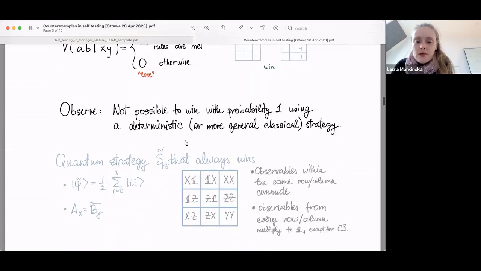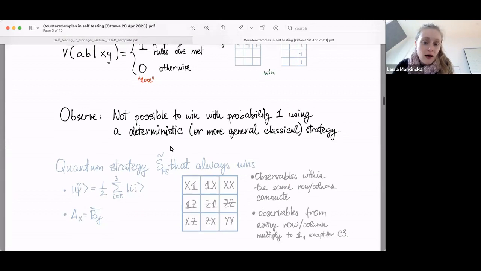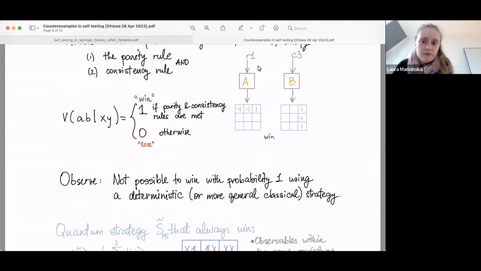But now quantumly we can win this game irrespective of the pair of questions selected.